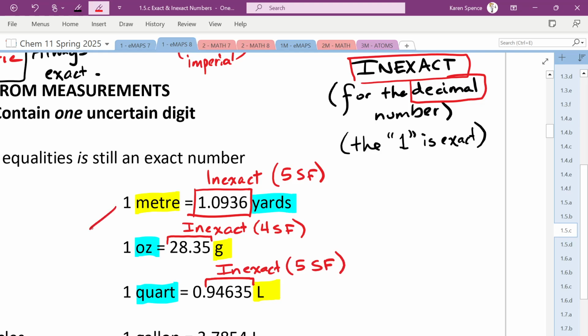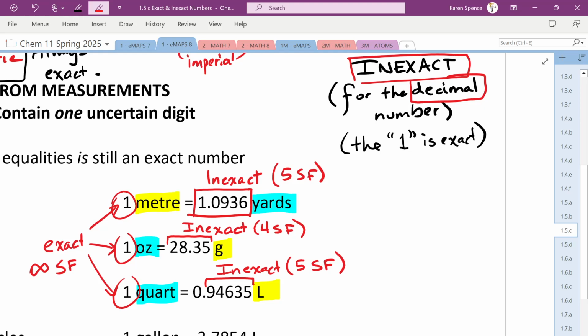These ones, on the other hand, all of those ones, those are all exact. So all of these have infinite sig figs.